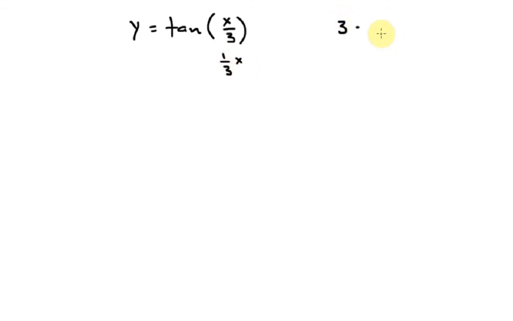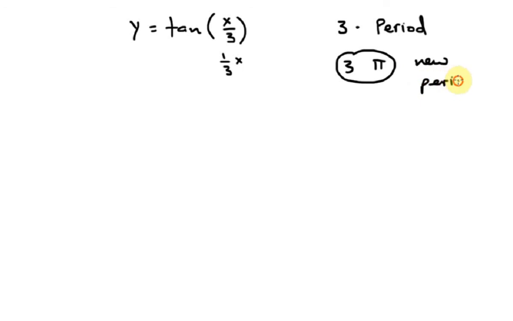So what I want to do is go 3 times what the old period was. Now the old period for tangent was just pi. Remember that within pi, you finish the complete cycle of tangent. So this is the new period. It takes 3 pi to do one of these tangent graphs.